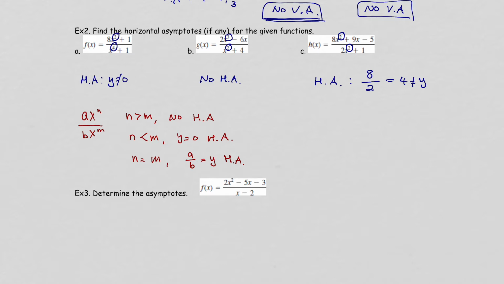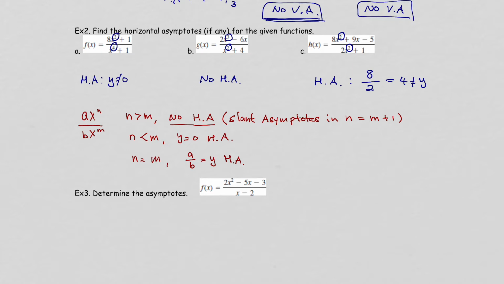So slant asymptote occurs when you have no horizontal asymptote. And this is a special case. It will be a slant asymptote if your numerator exponent is just 1 degree higher than the denominator, then you're going to have a slant asymptote.